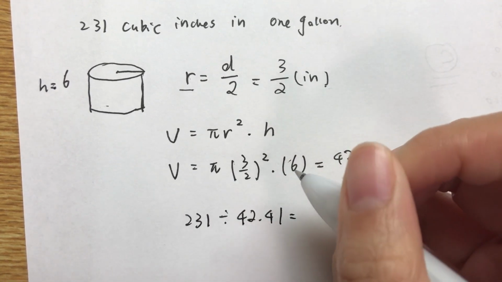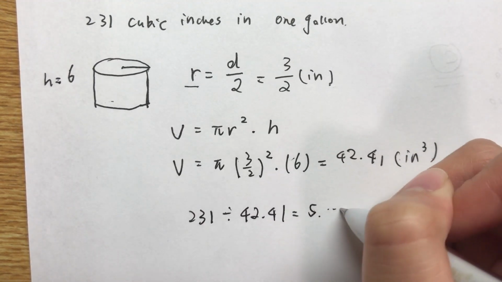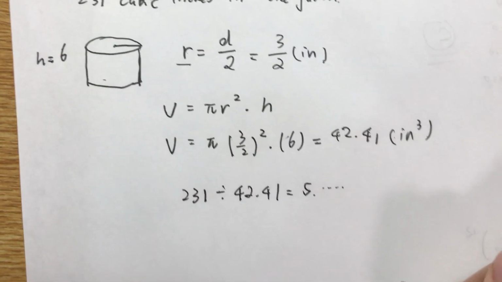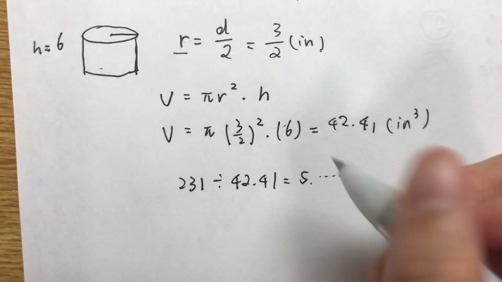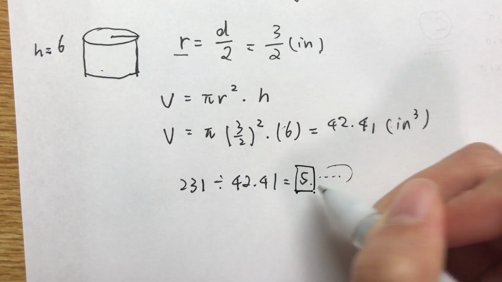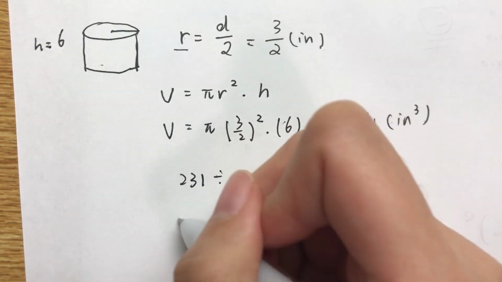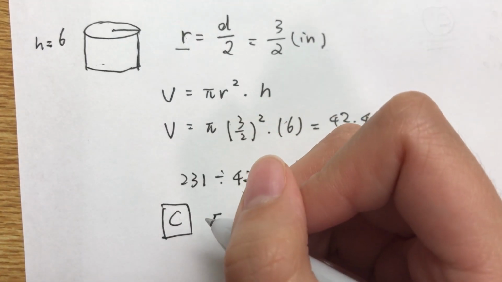Then I got about 5 point something. Since the question asks how many full milk glasses you can pour, we just ignore the decimal and keep the 5. So the final answer should be C, 5 full glasses of milk.